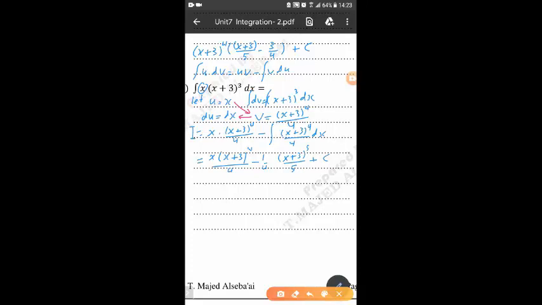So if we want to take a common factor, it will be (x plus 3) to the power of 4, right?